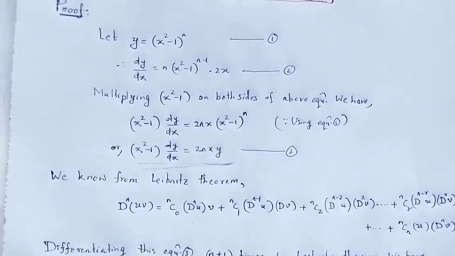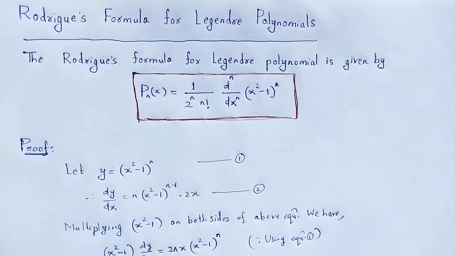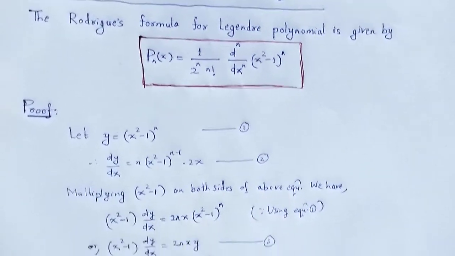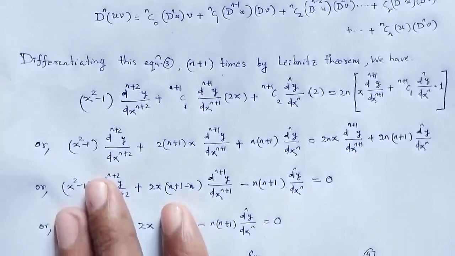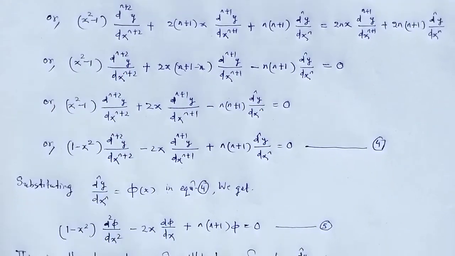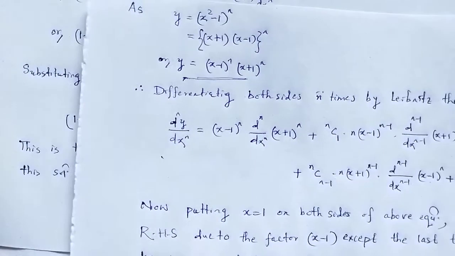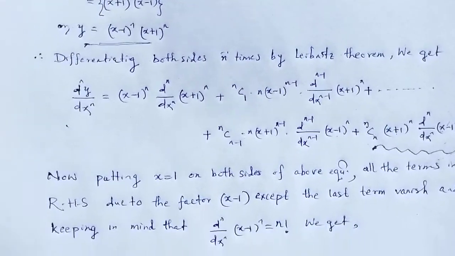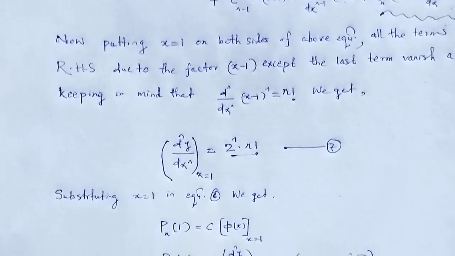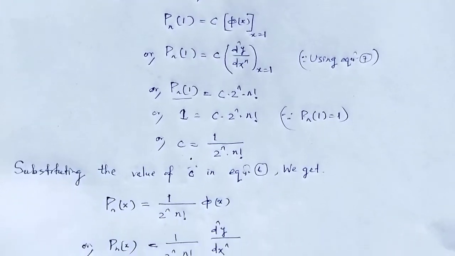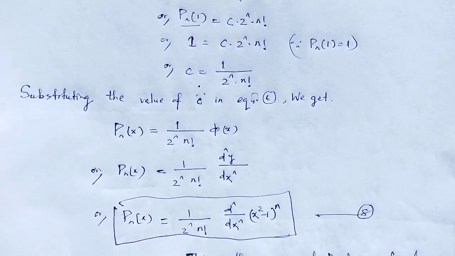So, with the help of this video lecture, we understand what Rodrigues' formula for Legendre polynomials is. We prove Rodrigues' formula by taking Leibniz's theorem and proceeding in this way, and finally prove that formula.